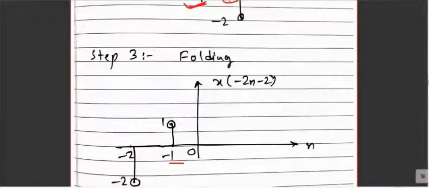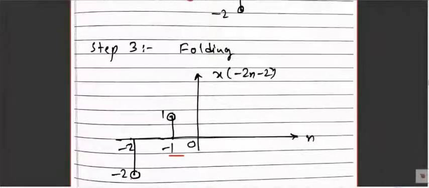At -2 we have amplitude -2. Now important point, how you will write the sequence for this in curly bracket. We have to start from the left side. From the left side, amplitude is -2, then amplitude is 1, after that at 0 position amplitude is 0, and here you should show the arrow.